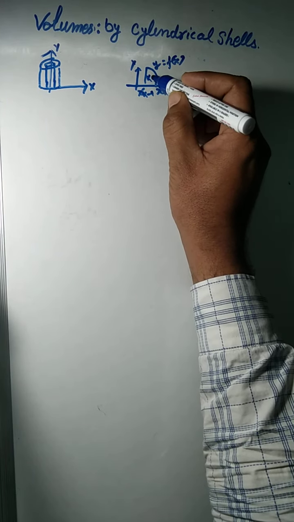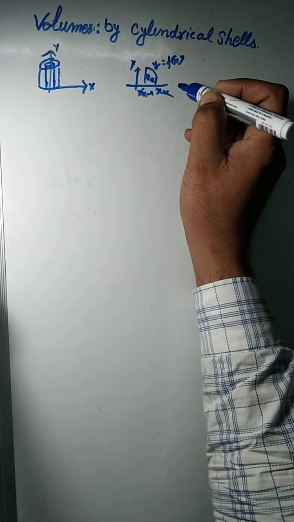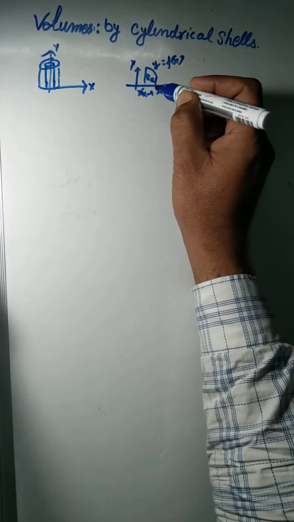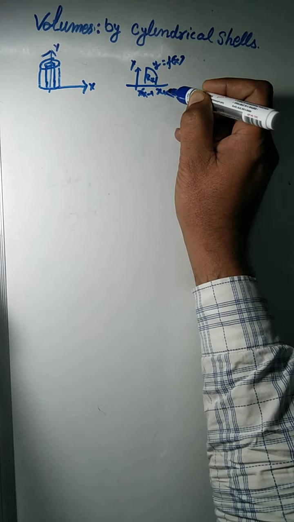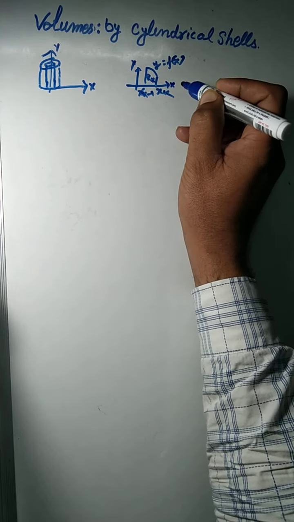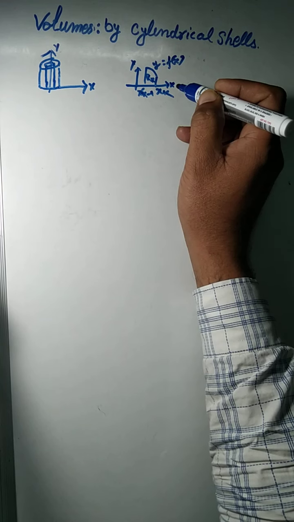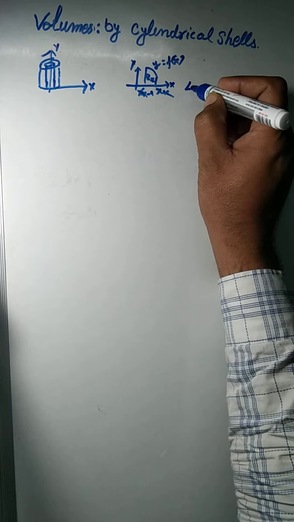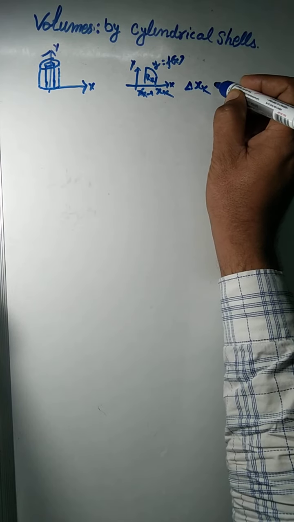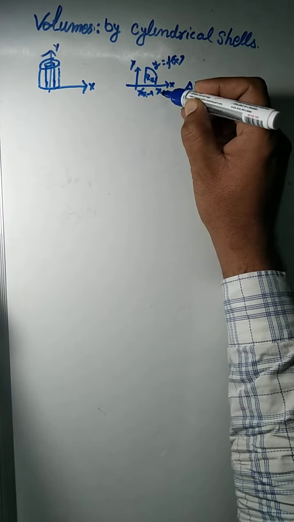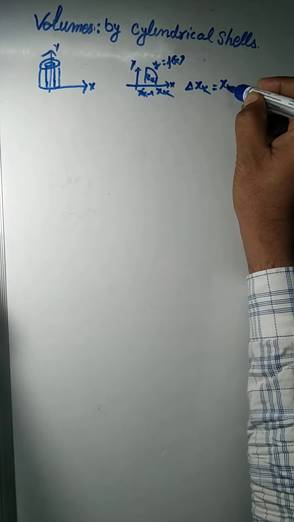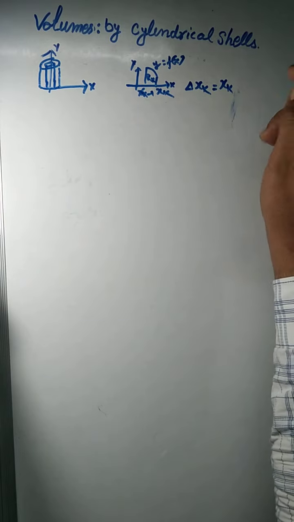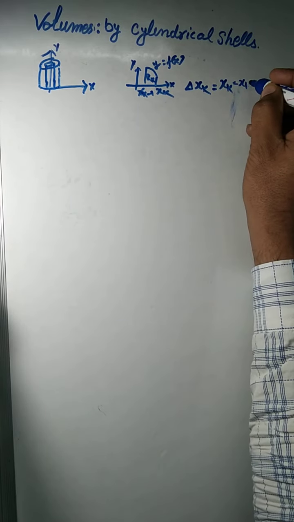We can see here Rk extends from x_{k-1} to x_k. And the width of the strip, delta x_k, equals this minus this one: x_k minus x_{k-1}.